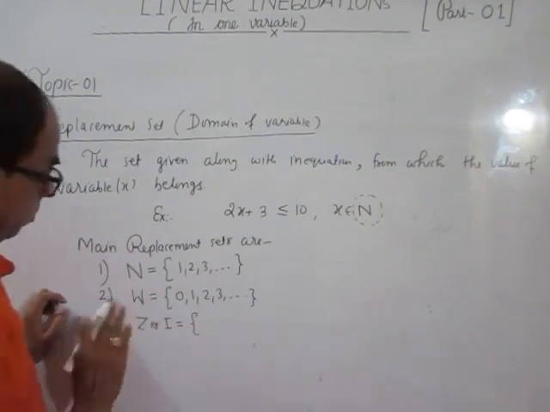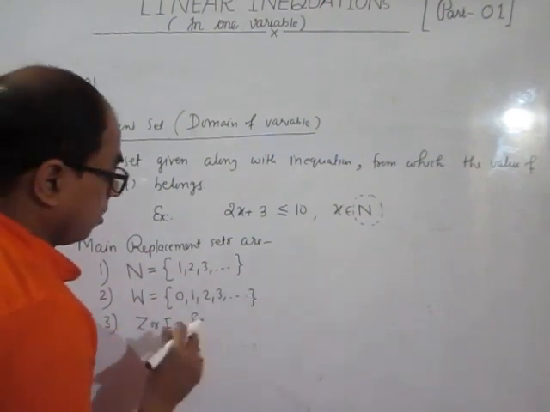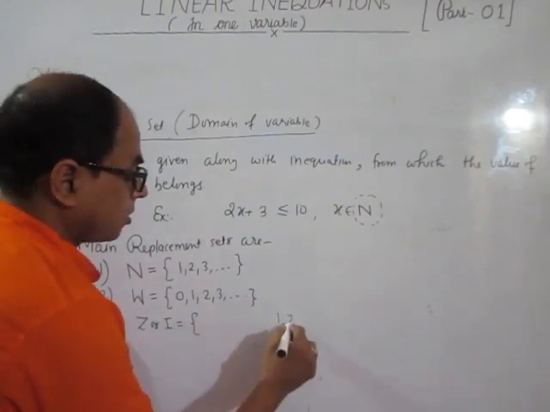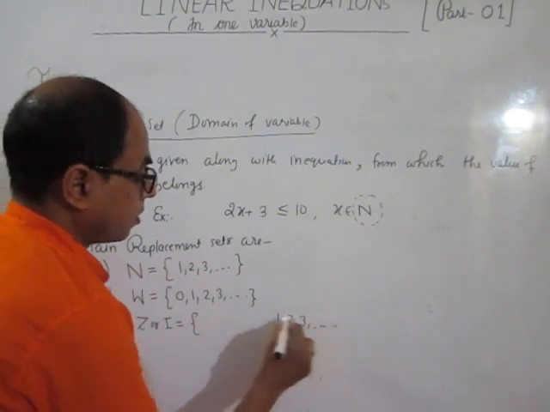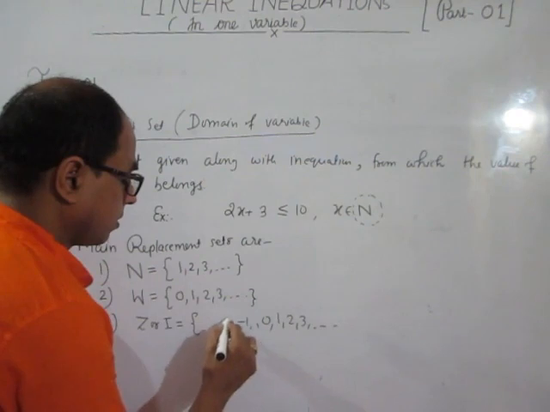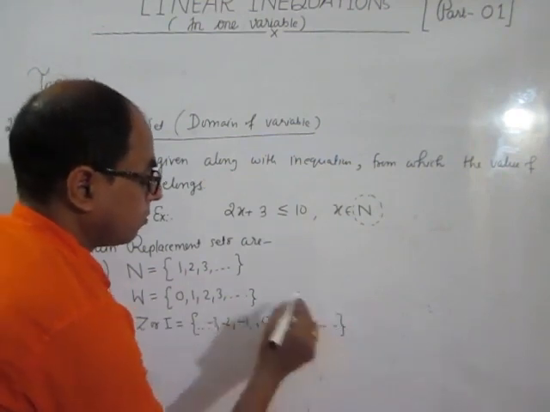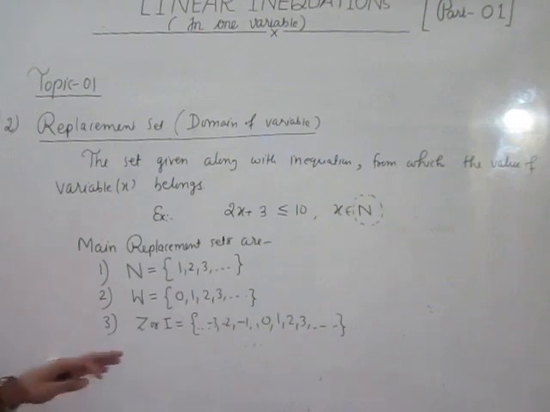So what is the set of integers? All the natural numbers, 0 and the negatives of all the natural numbers. That means all the numbers without fractions is called the set of integers.